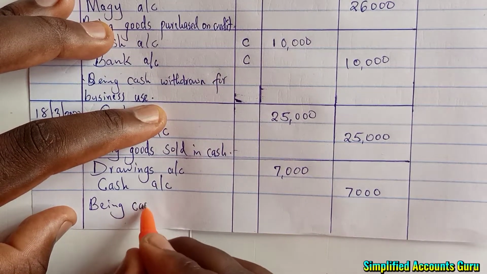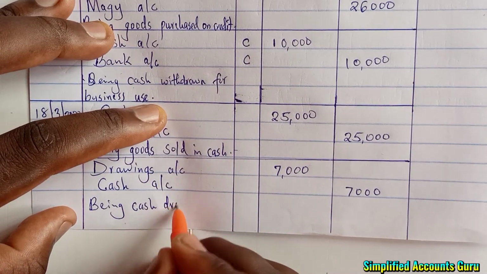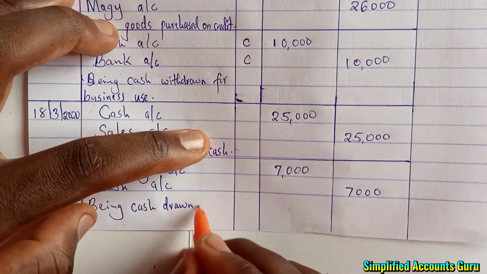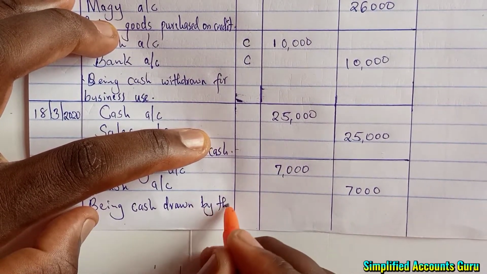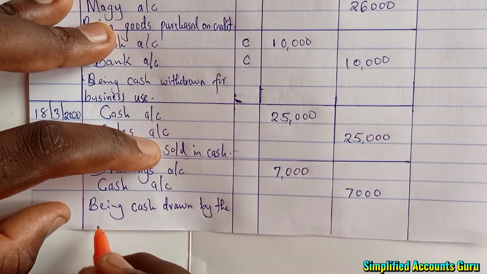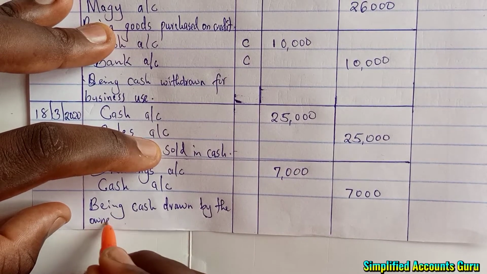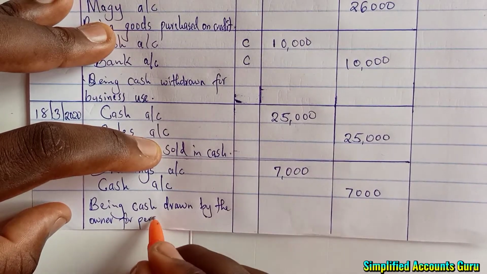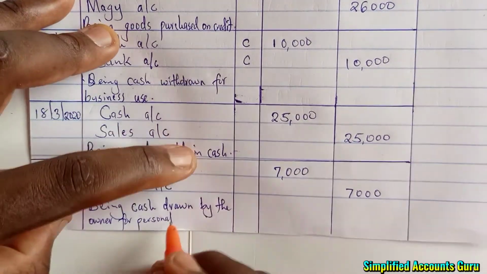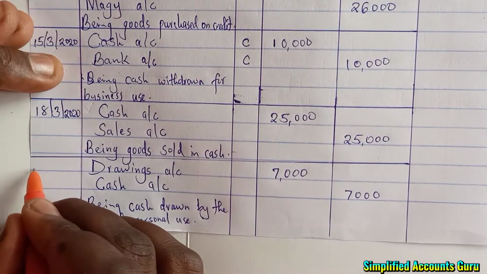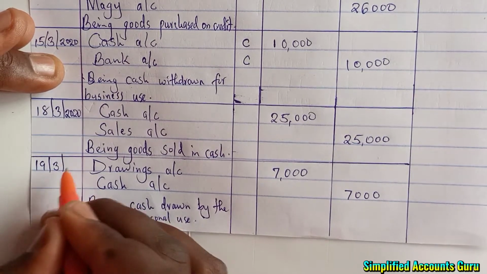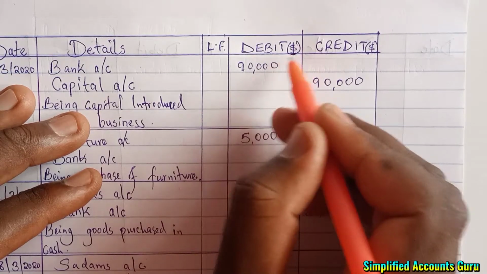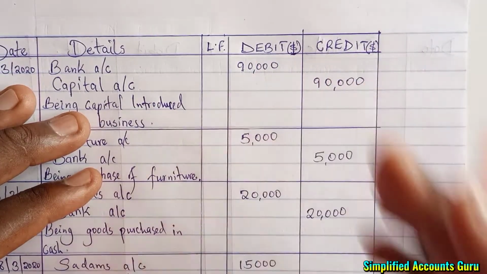Being cash drawn by the owner for personal use on 19th March 2020.